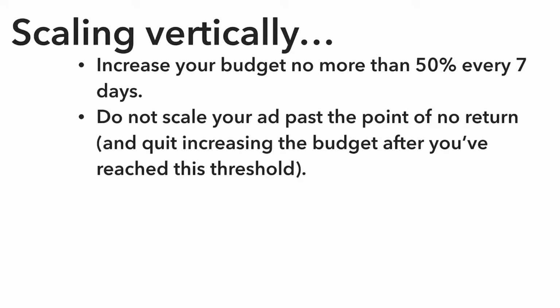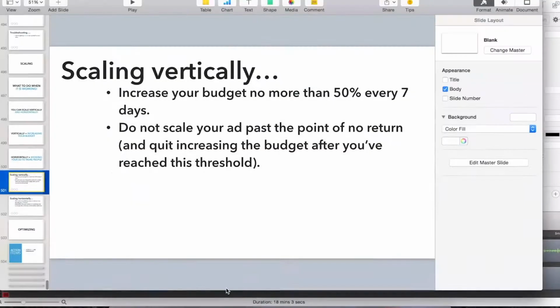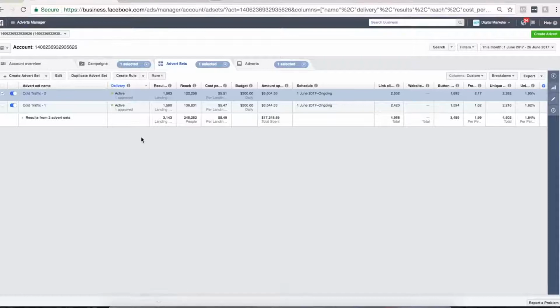We also do not recommend scaling your ad set past the point of no return. What I mean by this, and let me hop into Ads Manager. Back to these ad sets that we've been using, both of them are at $300. I've scaled them a little bit over the past month or so.